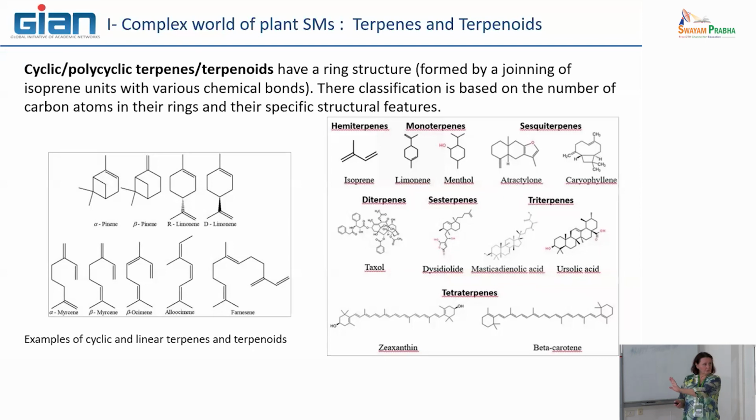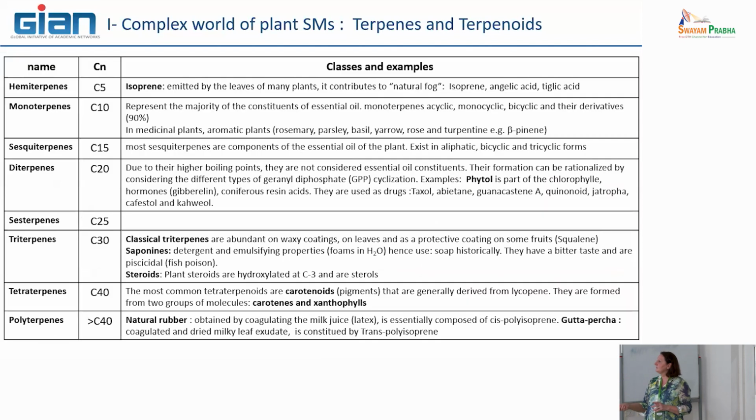Here, for you, I have made some specific examples of each type of terpenes, in order to lead to these polyterpenes, with more than 40 carbons. I explain the natural rubber, and perhaps you also know this plant, Gutta percha.